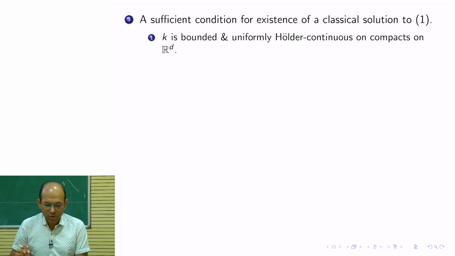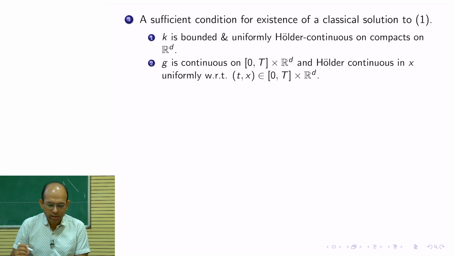Okay. So, a sufficient condition for existence of a classical solution to 1. This is because the earlier theorem does not say when a solution exists, it just says uniqueness. Okay. If it exists, it is unique, but now one can very naturally ask what is the sufficient condition for existence of a solution to that equation. So, this is one set of conditions: small k is bounded and uniformly Hölder continuous on compacts on R d, and G is continuous on this domain and Hölder continuous in x uniformly with respect to t and x.